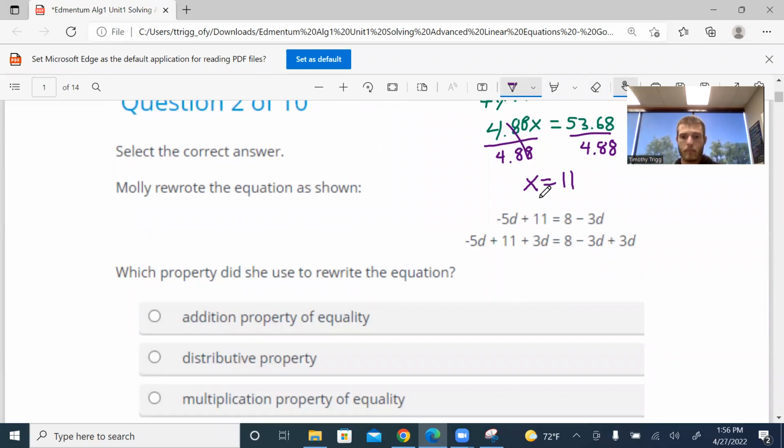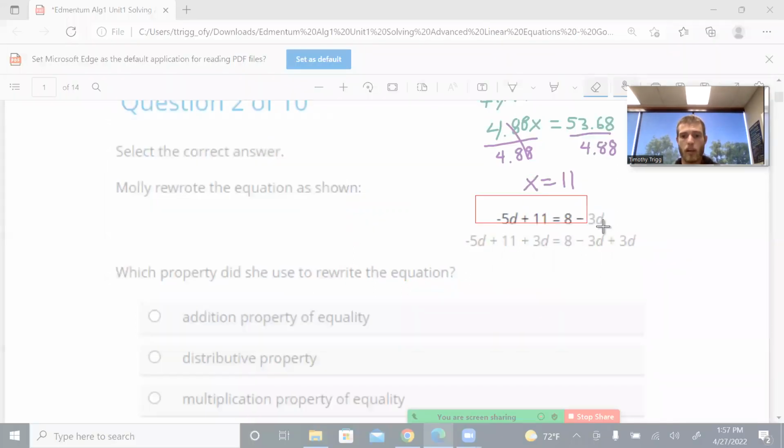Question 2. Here we have 5d plus 11 equals 8 minus 3d. If I wanted to solve this one, what would I do first? Well, if you know me, you know I do not like variables on both sides of the equation.